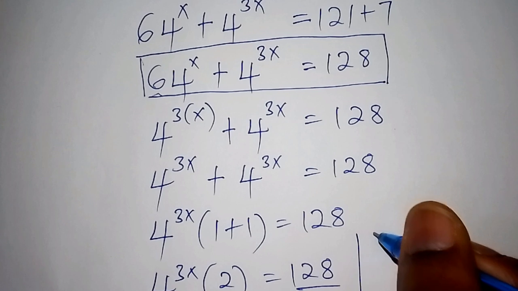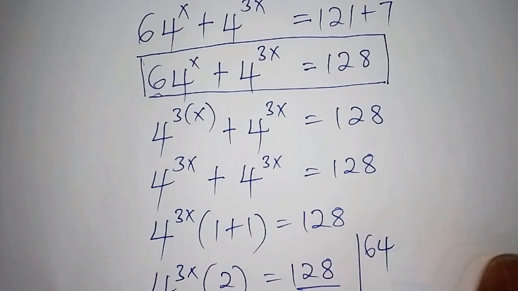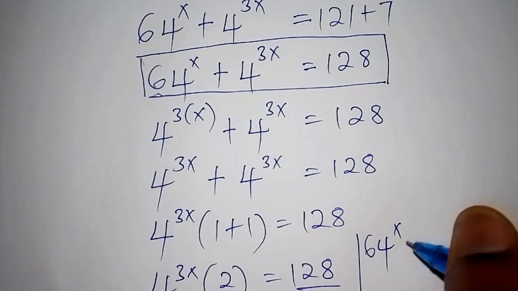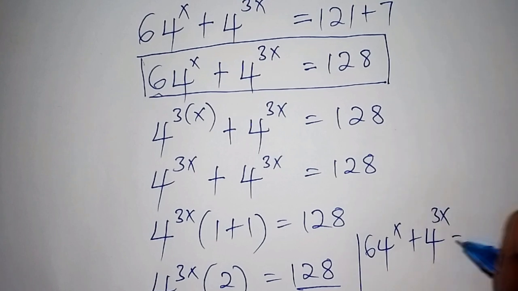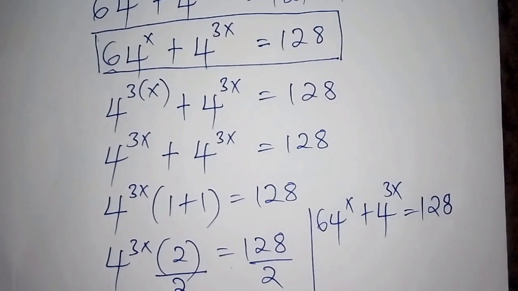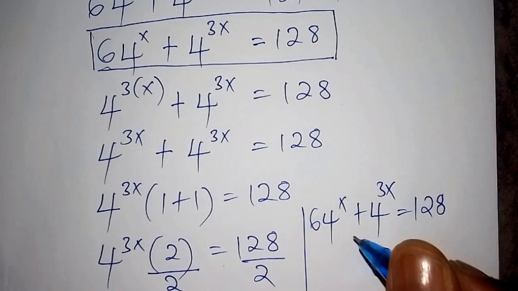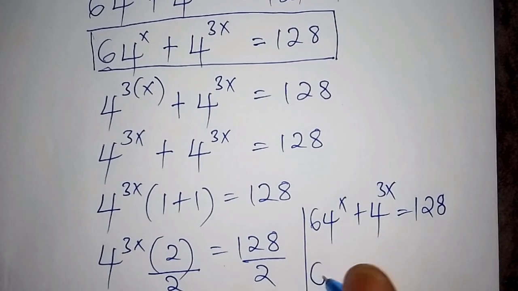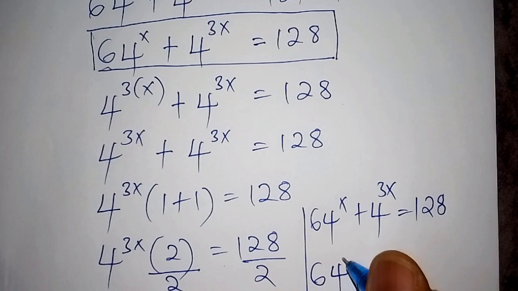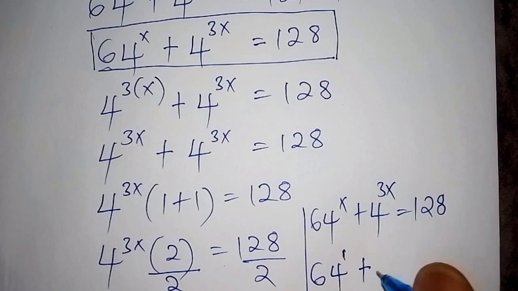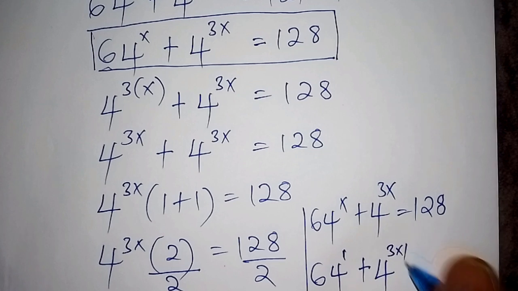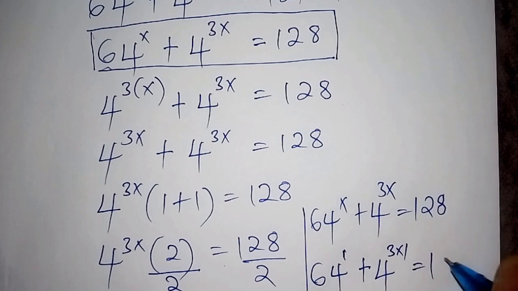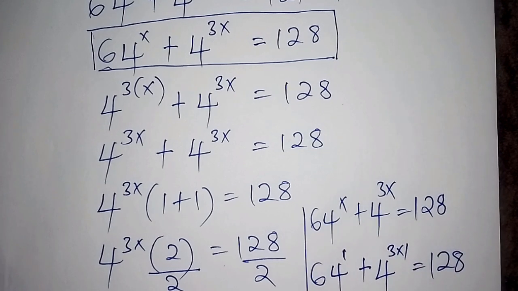Remember we had 64 to the power of x plus 4 to the power of 3x equals 128. So we can confirm this. Where there is x we put 1. So we have 64 to the power of 1, plus 4 to the power of 3 multiplied by 1, equals 128.